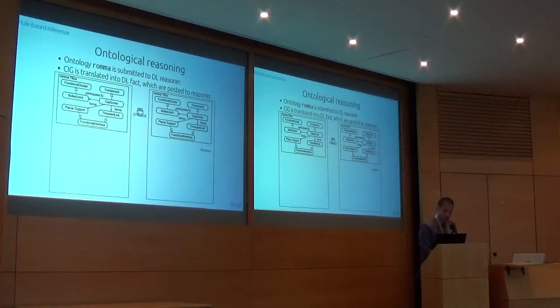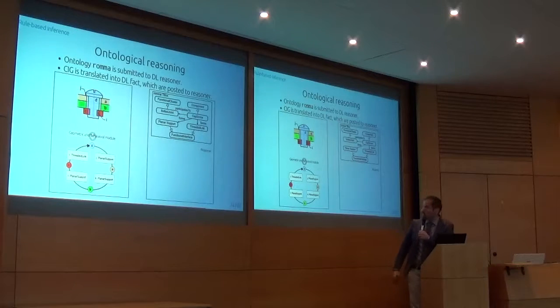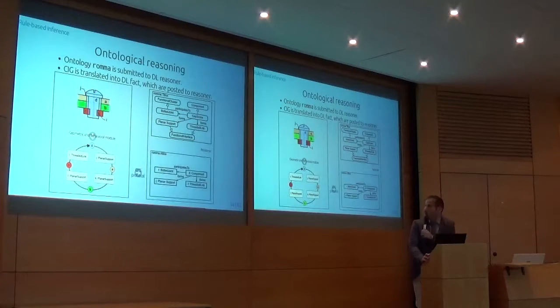Next, the previously generated conventional interface graph and functionally enriched conventional interface graph is translated into facts, and those facts are submitted to the reasoner as well to constitute the A-box of the knowledge base.